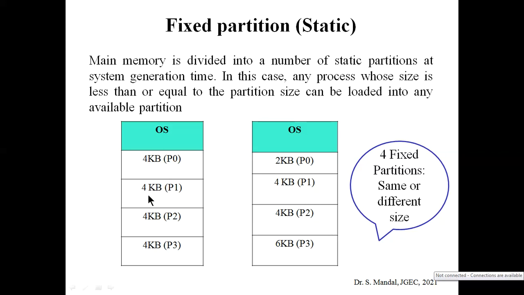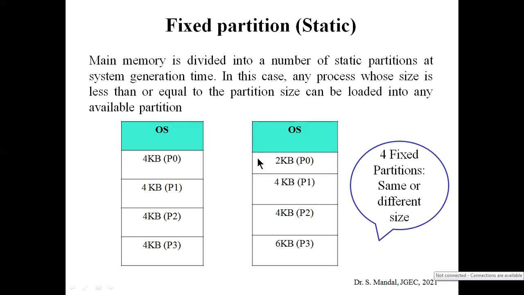Here the sizes are 4, 4, 4, 4, but here like 2, 4, 4, 6. So different processes like P0, P1, P2, P3 can be allocated in the respective partitions.